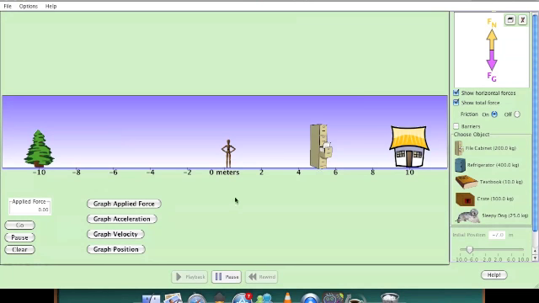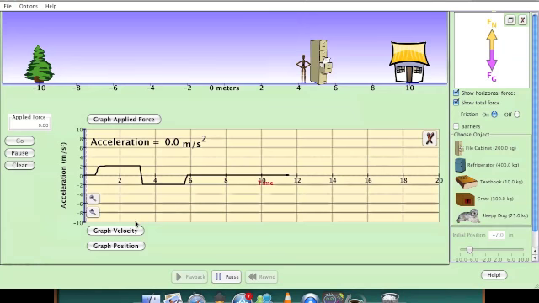So let's see what happens when only the friction force is being applied. First, let's see the graph of acceleration. In the earlier stage, the acceleration at this point was 2 meters per second square. And suddenly you can see there's a change in the acceleration, and the acceleration became negative.